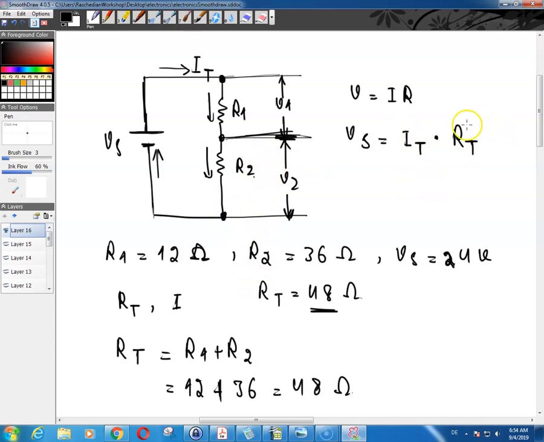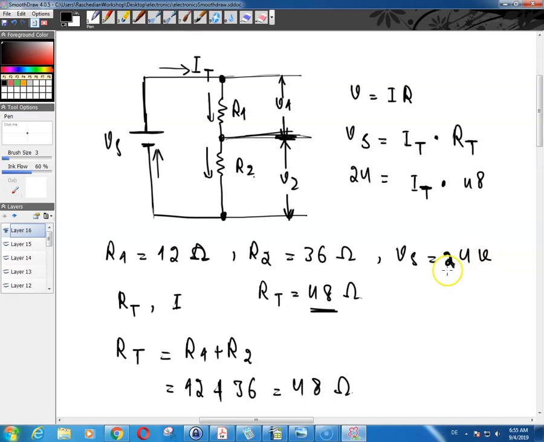So now, based on Ohm's law, I can write the relationship, and V of S is equal to, for example, 24 volts. So 24 is equal to I of T times R of T, which is 48 ohms.